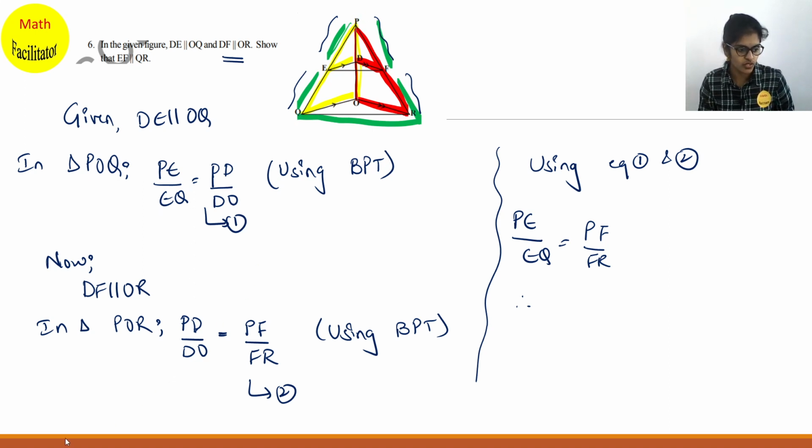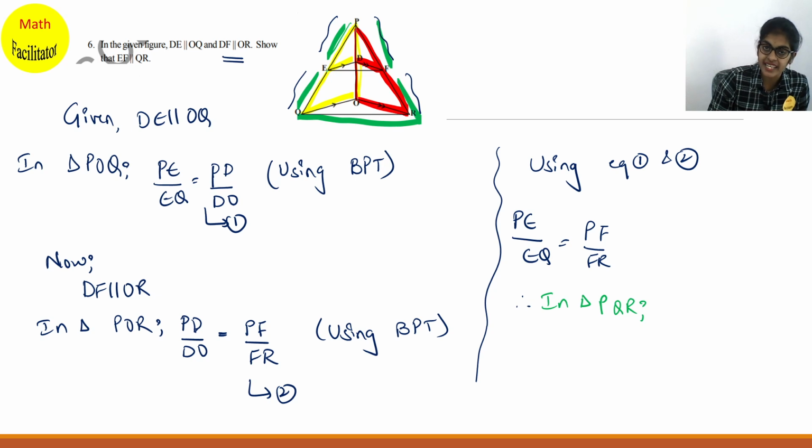Okay. So using this, PE by EQ is equal to PF by FR. So in triangle PQR, which lines are parallel? See, where is PE? It is dividing at point E, and PF is dividing at point F. Yes, isn't it? If you join these two points, you draw a line, so EF is a line.